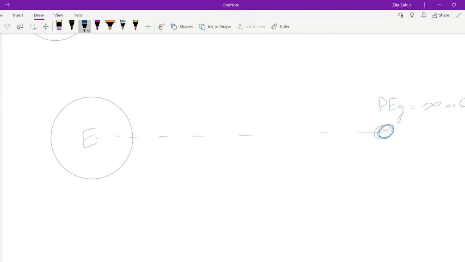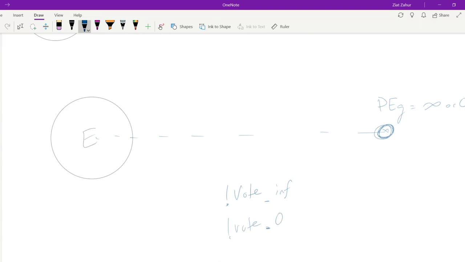Infinity or 0? So what you want to do is type I-N-F for infinity, or 0 for 0. All right, so you do exclamation mark vote, and then a space between the vote and what you're actually saying.